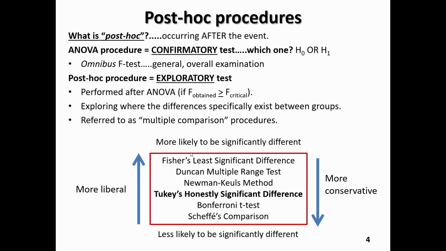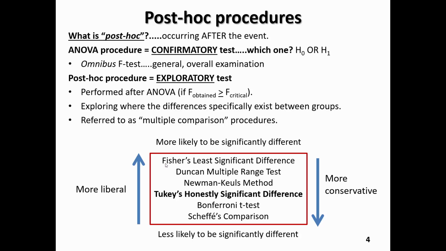So, in this order, the ones closer to the top are more likely to find significant differences between paired comparisons of the different groups. So we would say that as we move from the bottom to the top, these statistical tests are considered to be more statistically liberal.